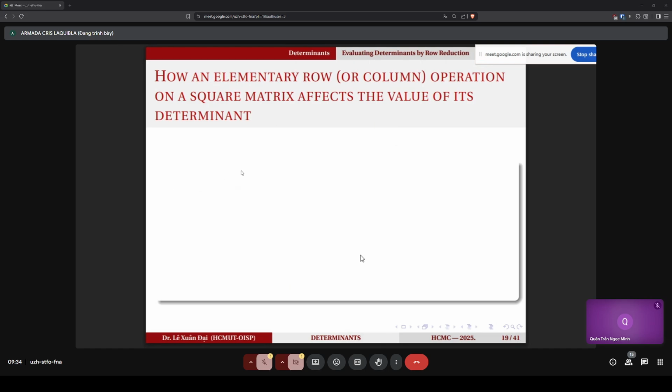So next we have how an elementary row or column operation on the square matrix affects the value of its determinant.